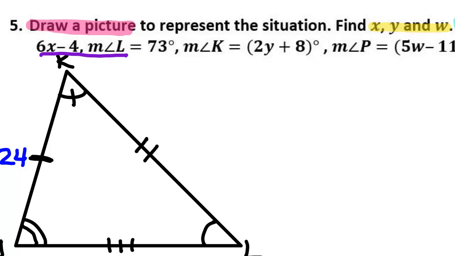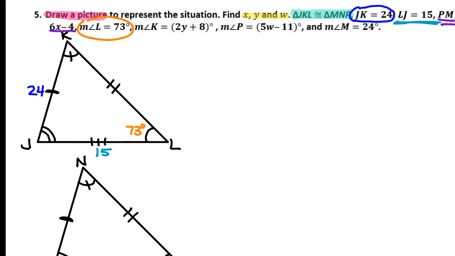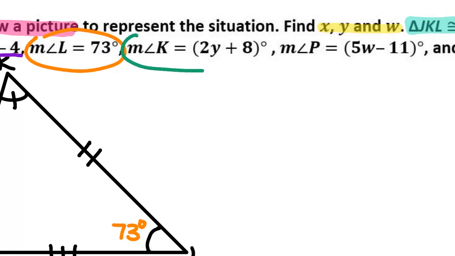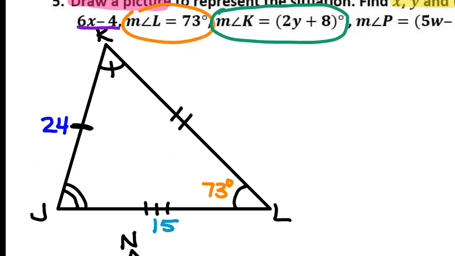Then we have angle L. Angle L is 73 degrees. Angle K is 2y plus 8 degrees.